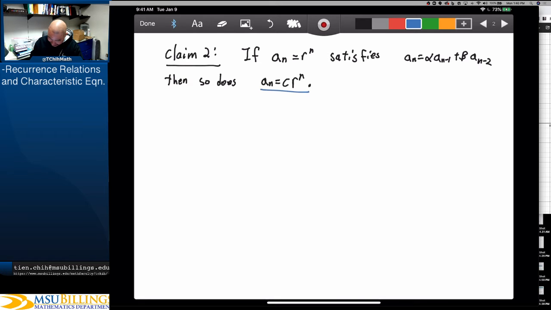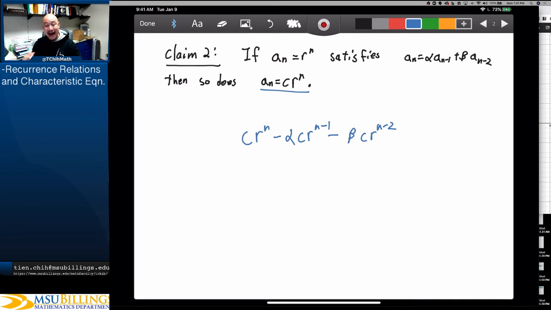Looking at this again, the claim would be that C r to the n minus alpha C r to the n minus 1 minus beta C r to the n minus 2. Sorry, I wrote a plus there; this should be a minus.